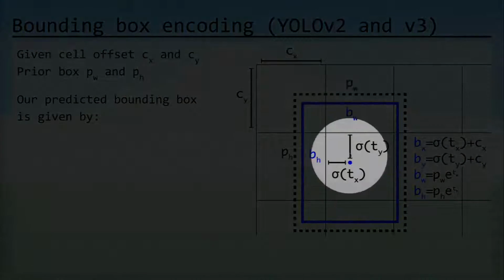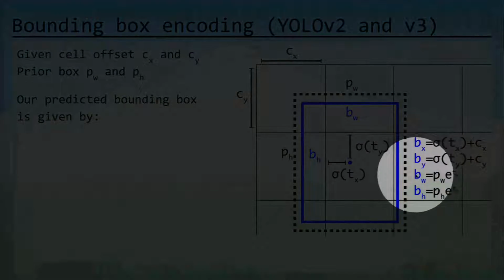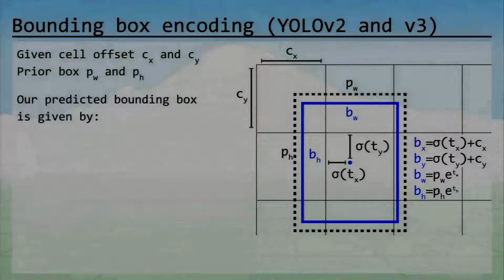And that gives us the center of this bounding box. And we're going to do a similar thing for the width and height. We're going to predict this offset, Th and Tw, but we're going to take an exponential function of Tw and Th.